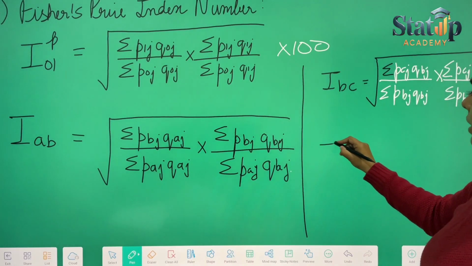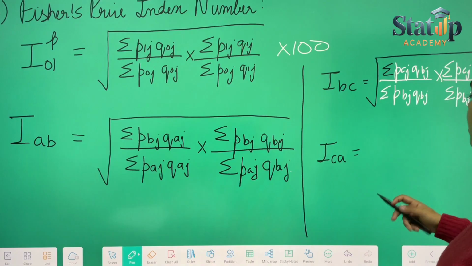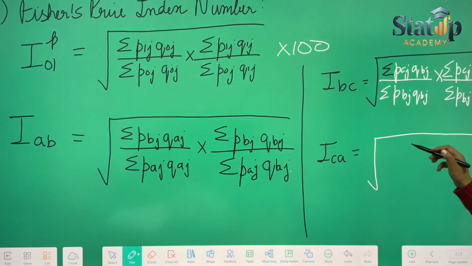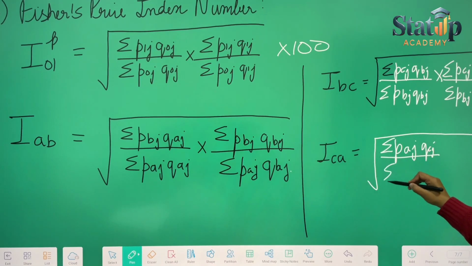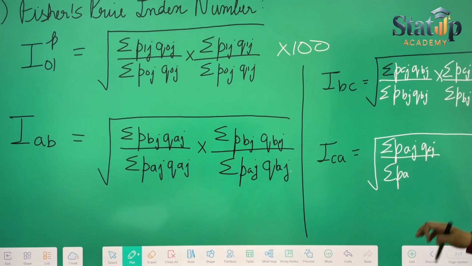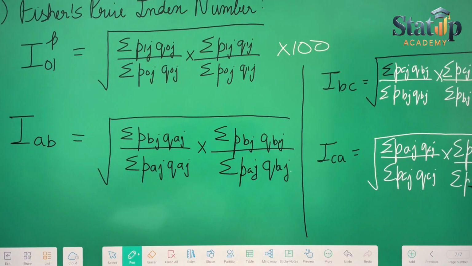And if we write ICA, then this can be written as summation of PAJ QCJ upon summation of PCJ QCJ, into summation of PAJ QAJ upon summation of PCJ QAJ. Okay, I hope it is clear.